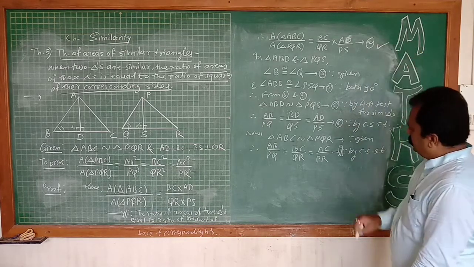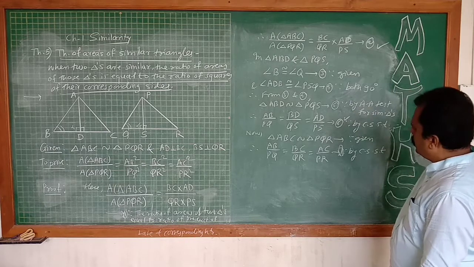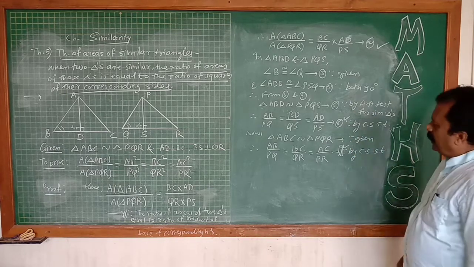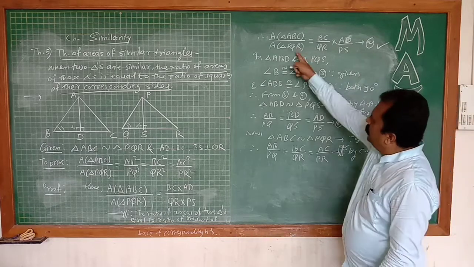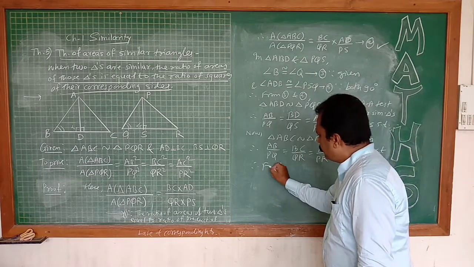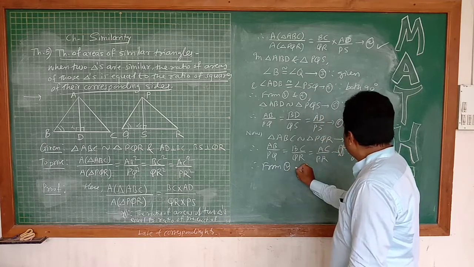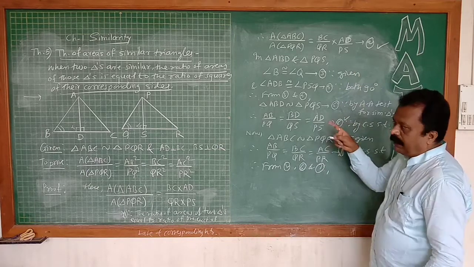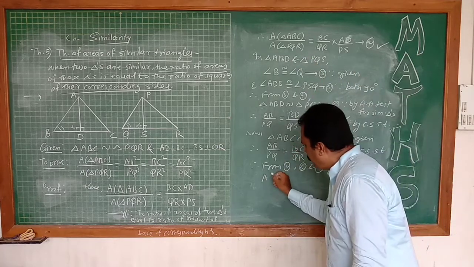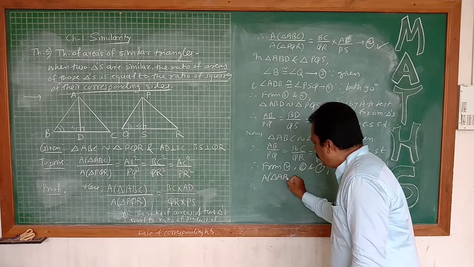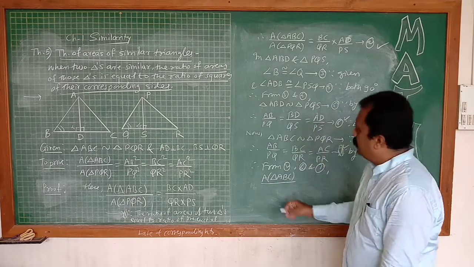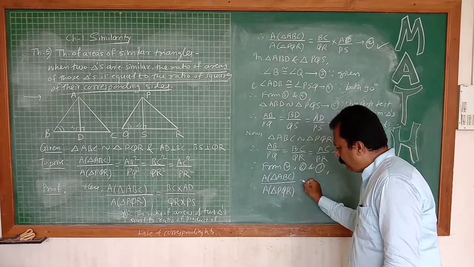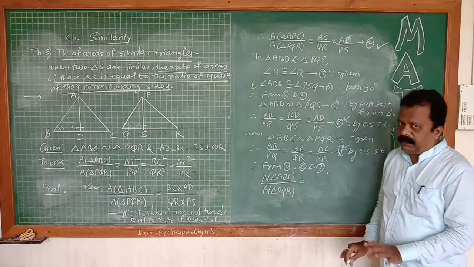From equations 2, 6 and 7 we can write, from 2, the area of triangle ABC divided by the area of triangle PQR is equal to this left side I have considered.